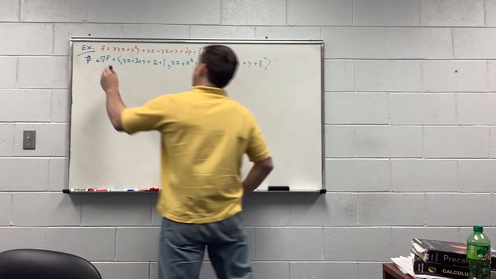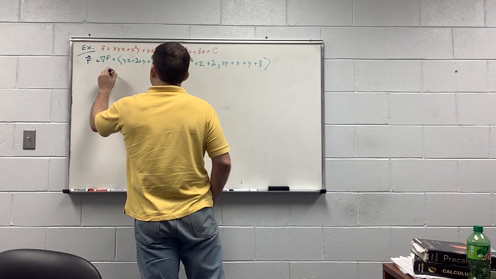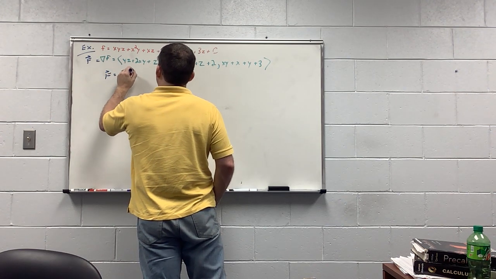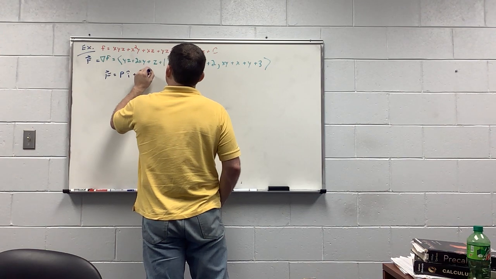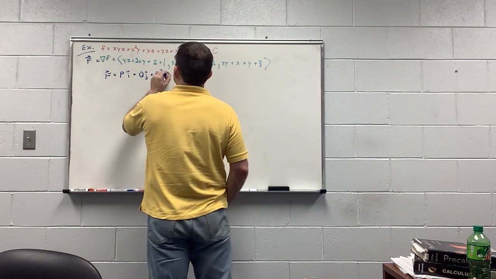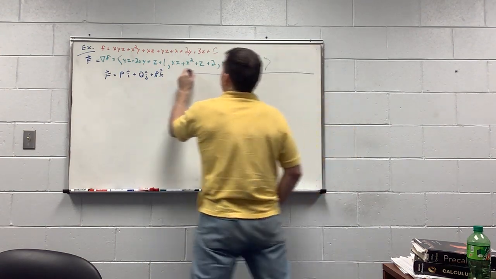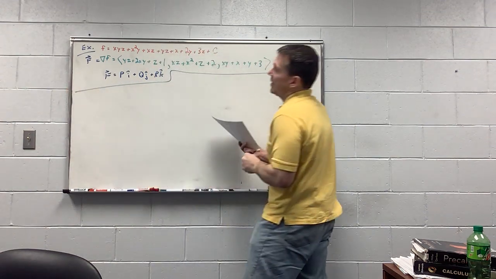Well, let's see. I define F as Pi plus Qj plus Rk, my standard setup. And now we've got all the setup that we need.